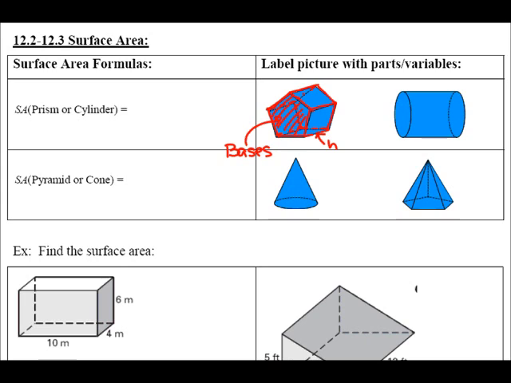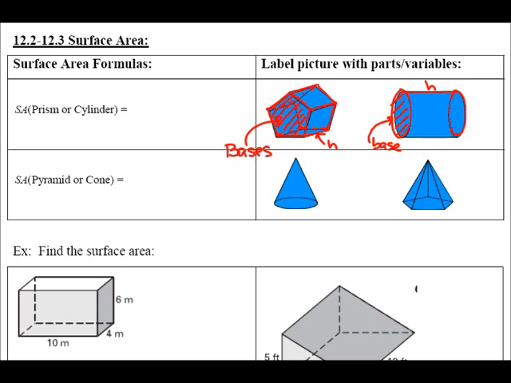Okay, and you know that from before. With a cylinder, it's really the same idea. It's just this time you have a base that is circular. Okay, so there's your base. And then the line connecting those two bases together, that's your height.